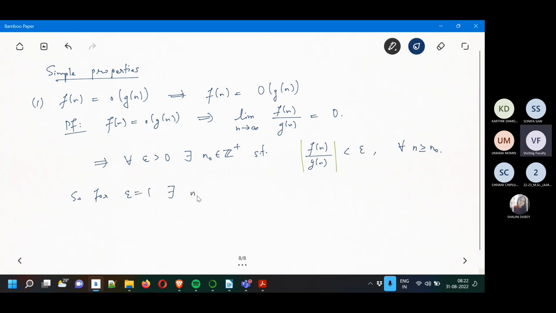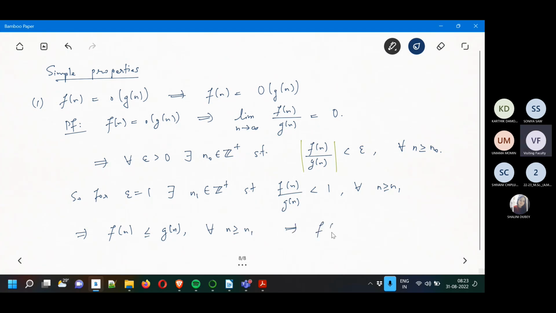So now let me pick, let me fix epsilon to be 1. There is some n1 such that f n by g n less than 1 for all n greater than or equal to n1. What does that say? F n is less than or equal to, less than means less than or equal to g n, right?